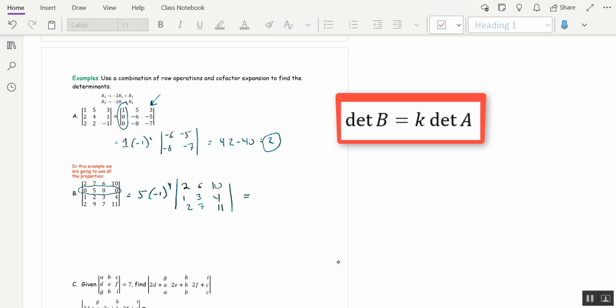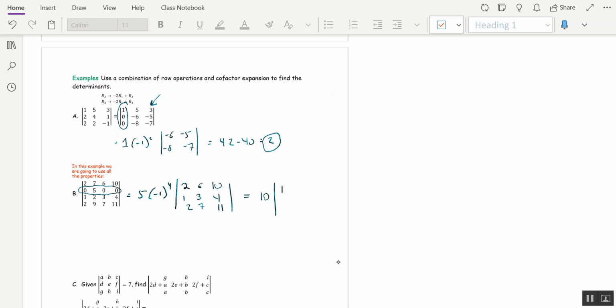Now I'm going to pull a 2 out of row 1. So I've got 5 times 2, which is 10, and 1, 3, 5, 1, 3, 4, 2, 7, 11. Now I'm going to do 2 row replacement operations. I'm going to use this one to kill off the 1 and the 2 below.